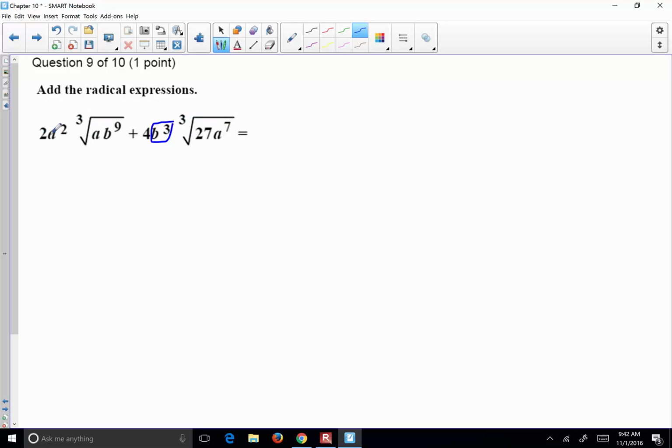Cube root 2a squared. This is a squared. You know what to do. Compare initially these prisons. They are not like. So simplify those prisons. See if they become like.